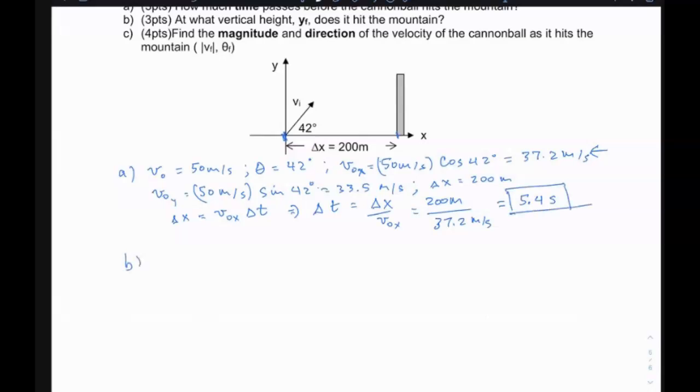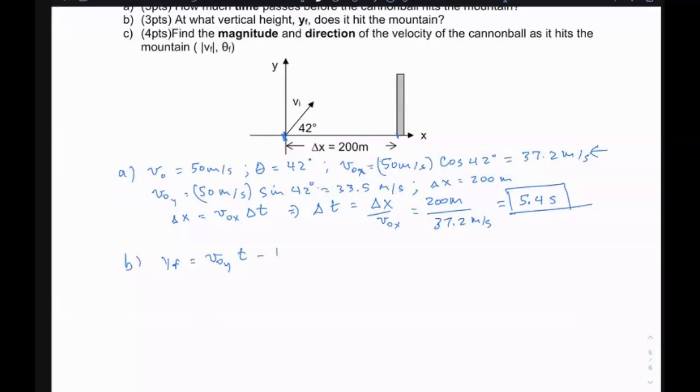In part B, at what vertical height, y sub f, does it hit the mountain? Well, we know our equation 2 is y sub f is equal to v sub 0 y times the time plus 1/2 the acceleration times the time squared.